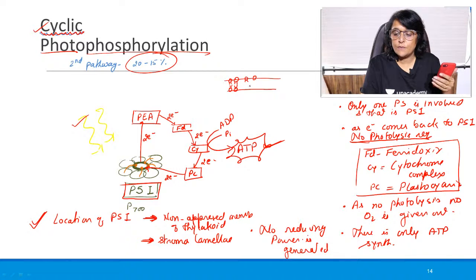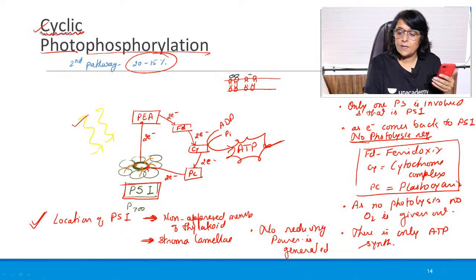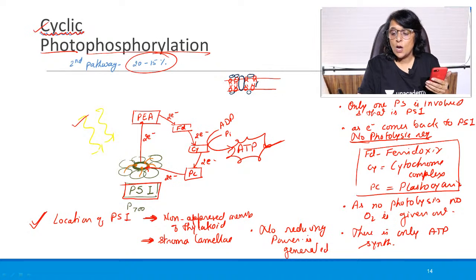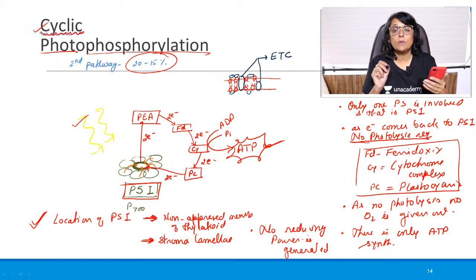And in this phospholipid bilayer, there were extrinsic and intrinsic proteins. These outer proteins are called extrinsic proteins, and these are the intrinsic proteins. They can be partially or completely embedded. So these proteins, they are acting as the electron transport chain. This is how they are located in the membrane. Okay?